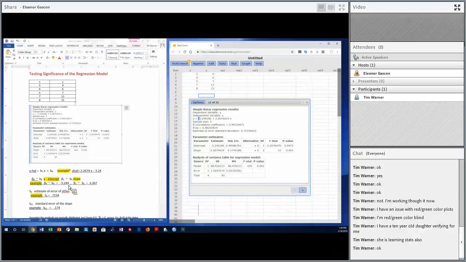And so B0 is negative 3.24, I think it was 444 when I put it out all the way, and B1 is 2.265. Now the most important one is this one. Okay, and I'm going to highlight it in red. The reason that's the most important one is because the slope tells you, as we learned before, the relationship between the x and the y variable.